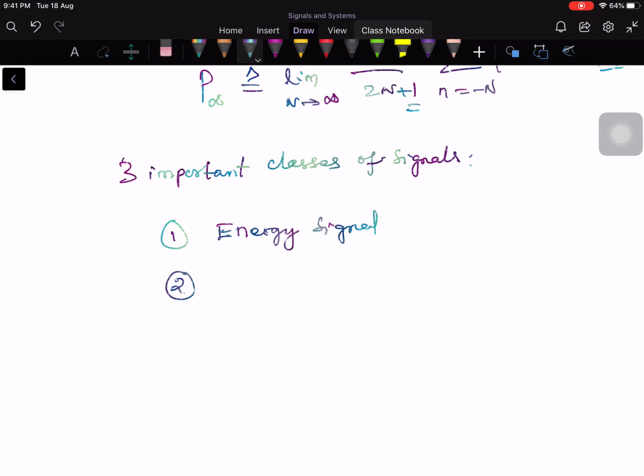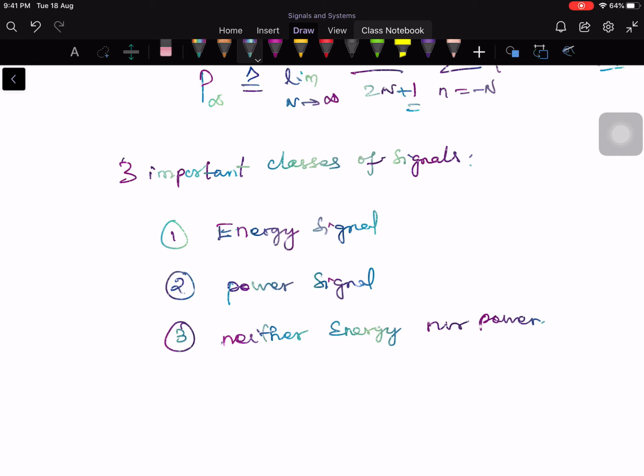Then the second classification is power signal, and the third one is neither power nor energy signal. These are the three important classifications.